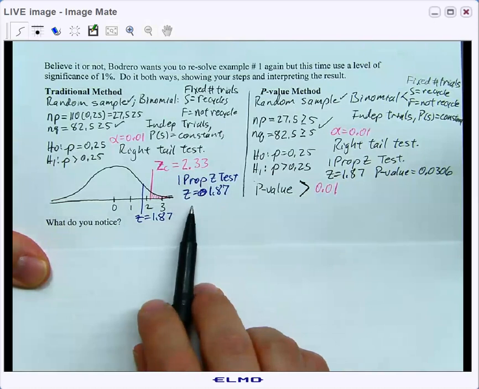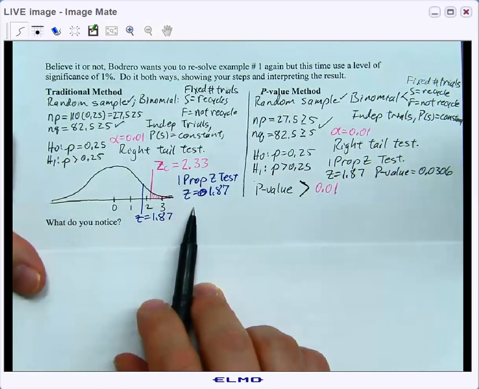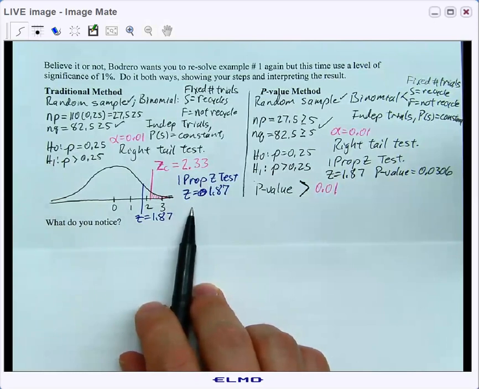And running the program on our calculator, we find out that the one prop z test gives us a test statistic of 1.87.